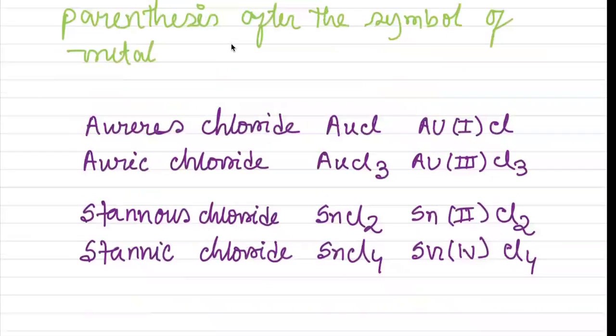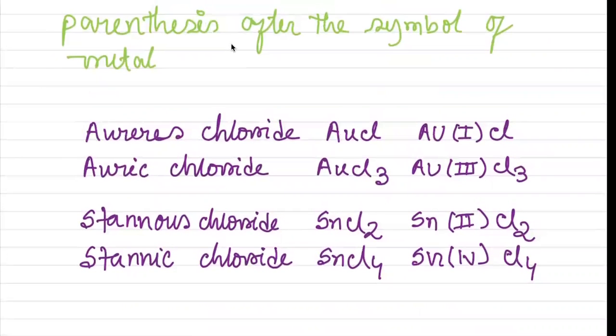Just like here, aurous chloride, AuCl. Here gold is in +1 oxidation state, so that's why (I). Now, auric chloride, AuCl3: here gold is in +3 oxidation state, that's why this notation.